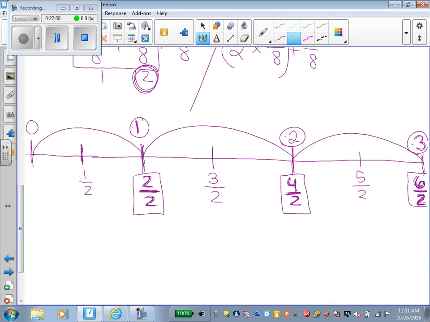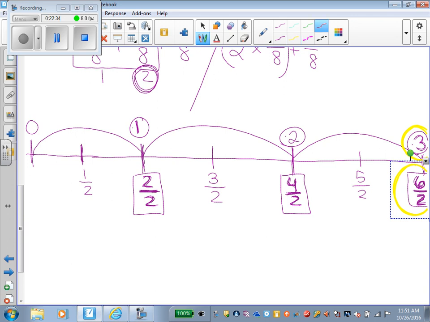Alright, who can tell me what my answer is? What is my answer? Not the equation. What's the answer? Talia. Alright, 6 halves or 3. Stop tapping, please. 6 halves or 3. Alright, there's my answer. What equation?